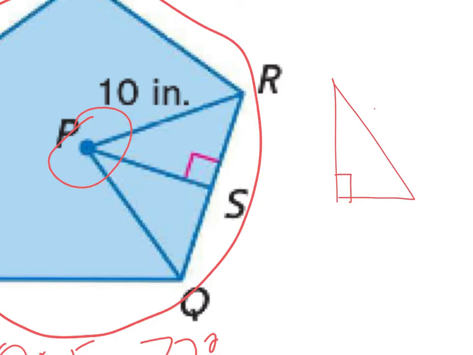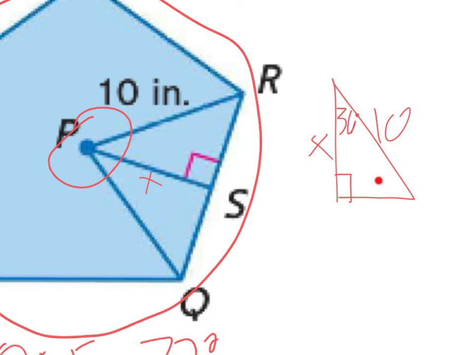We know that 10 is our hypotenuse, and we're looking for PS, so I could put an X right there. That's basically the height of this right triangle. We know that 72 degrees is the big angle P. If I use one of these little right triangles, I'm cutting that in half, so half of 72 is 36 degrees.